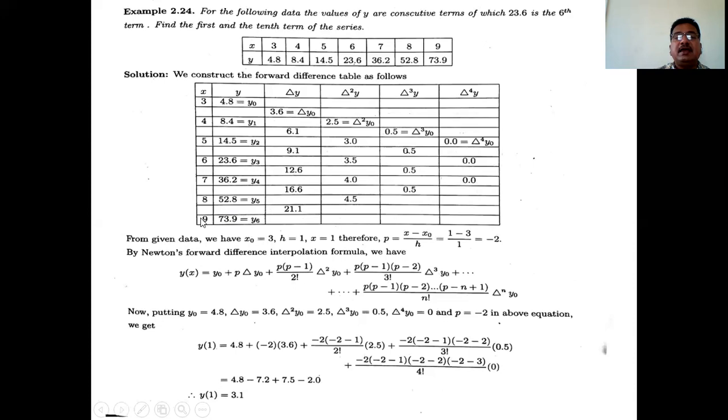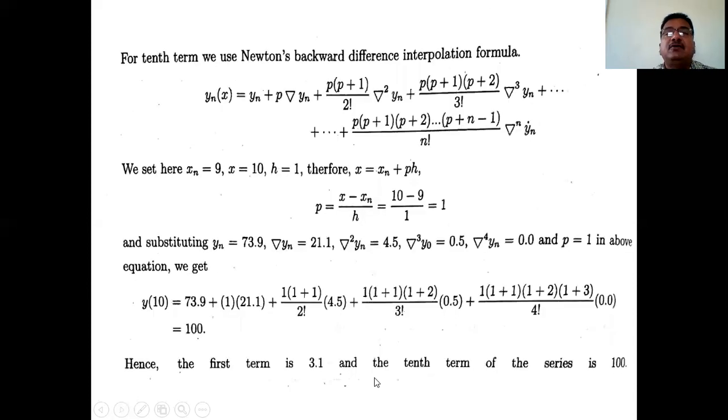So this is a plus nh, the last value. This is f of a plus nh. This is del f of a plus nh. This is del square f of a plus nh. This is del cube f of a plus nh, and all the remaining are 0. So write the backward difference interpolation formula, the backward interpolation formula.